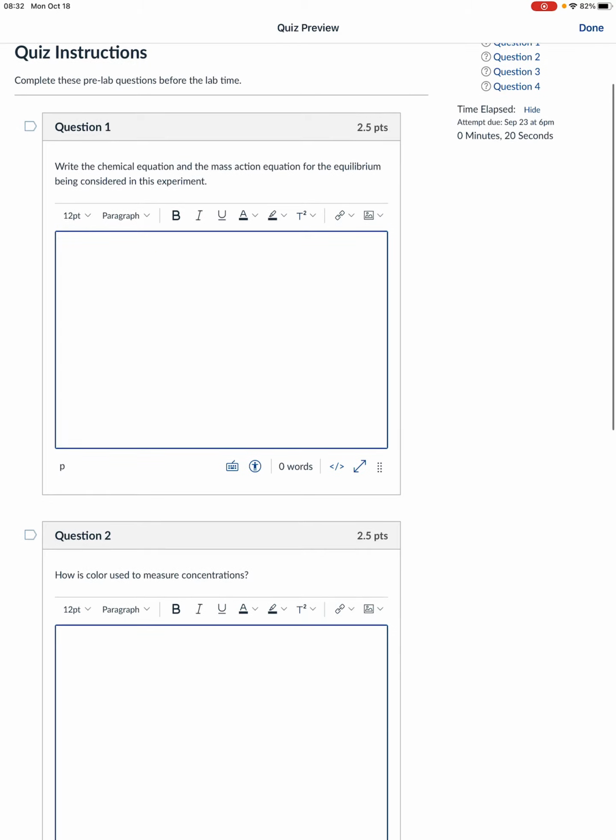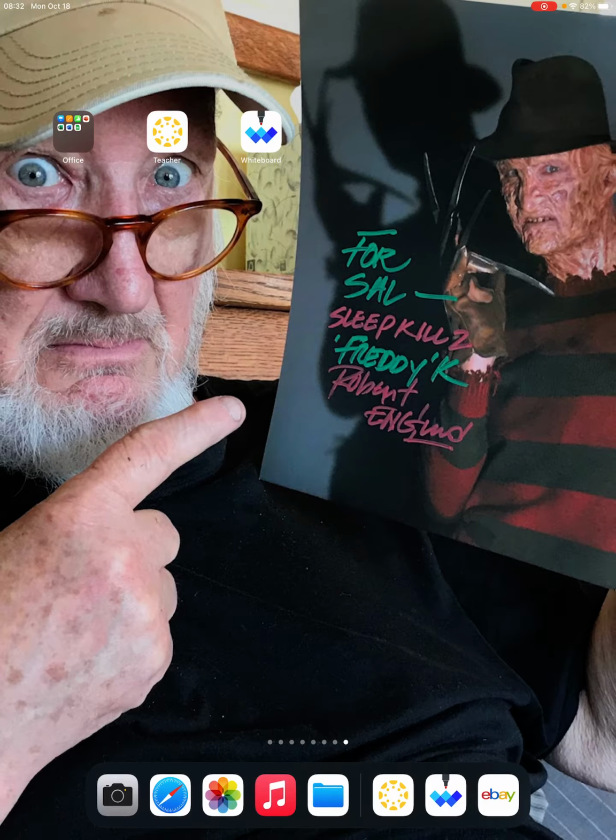All right, write the chemical equation and the mass action equation for the equilibrium being considered in this experiment. Okay, 4 questions? Let's do whiteboard. Write the equilibrium expression for the equation being worked on.